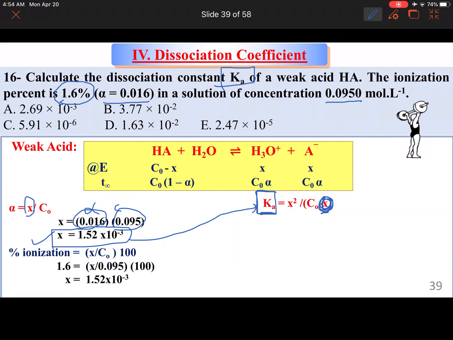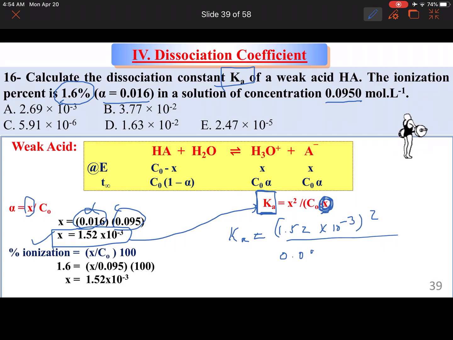It's not like I'm really simplifying the equation. Ka is whatever this x number is, so 1.52 times 10 to the minus 3 squared, over C0, which is 0.095, minus this x, 1.52 times 10 to the minus 3.